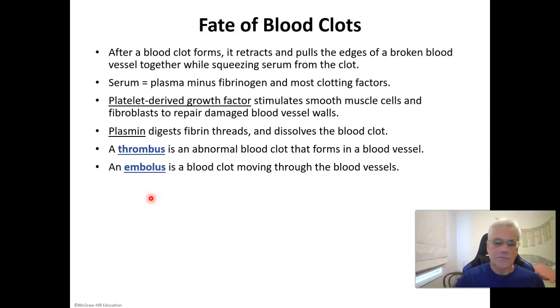You have two other ways of forming a clot that are not good. The first one is a thrombus. A thrombus is an abnormal blood clot that forms in a blood vessel. The most common one, maybe you've heard of this before, is that some people will form clots in their calf muscles. Say, for example, when you go on a very long airplane flight, they want you to move your feet around, or pump your ankles.